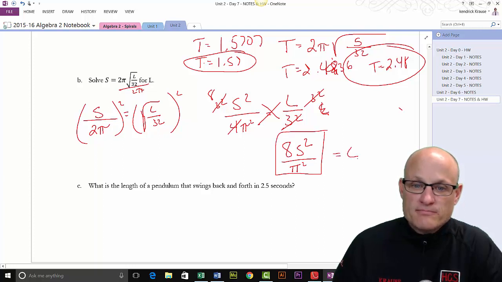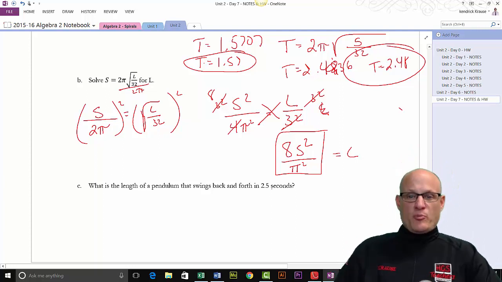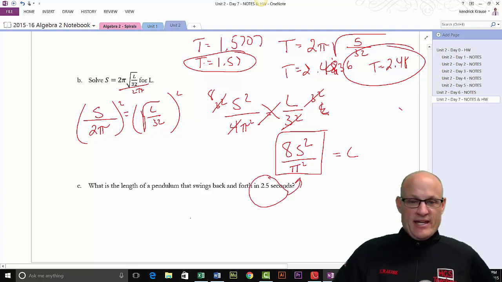That's equal to L. What is the length of a pendulum that swings back and forth in 2.5 seconds? So I'm just going to sub 2.5 into this equation. So 8 times 2.5 squared all over pi squared.